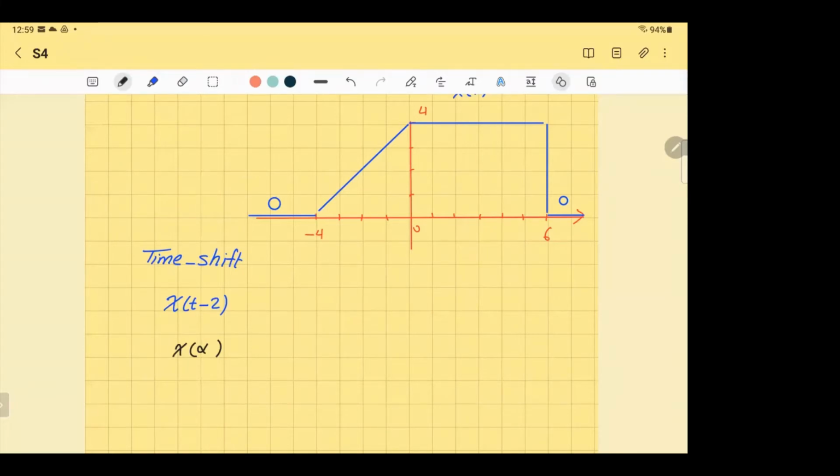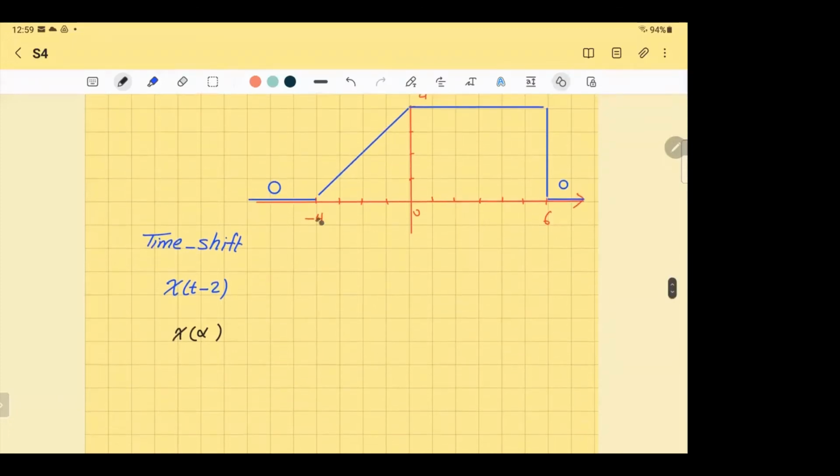If greater than 1, what will happen? What do you expect? Compression. Like if you say x of 2t, every single time will be divided by 2.